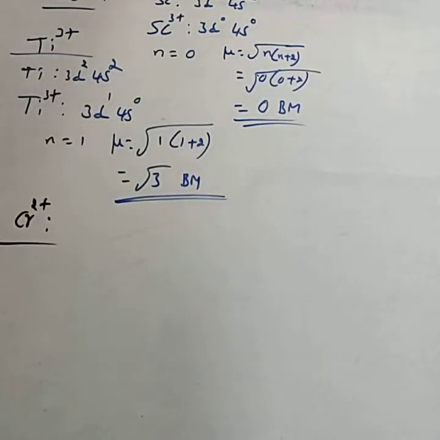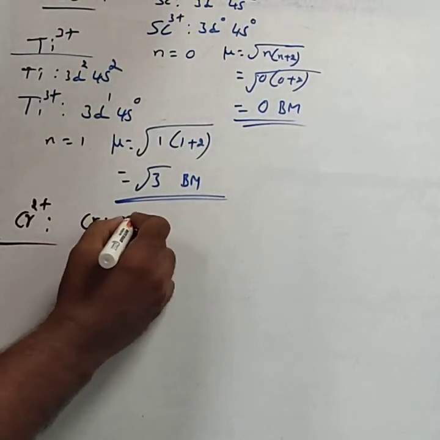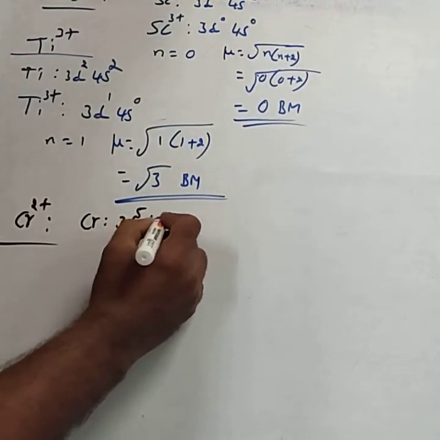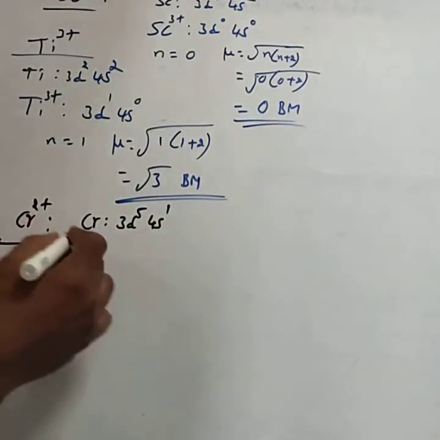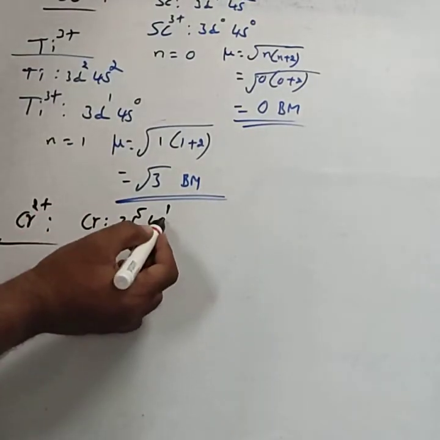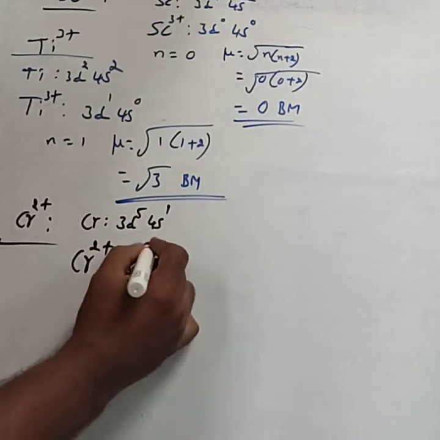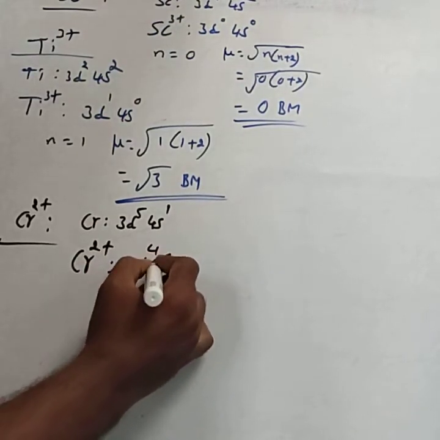Calculate the magnetic moment of Cr2+. First you write the Cr configuration. Cr is 3d5 4s1. Cr2+ means removing 1 electron from 4s and 1 from 3d, so it becomes 3d4 4s0.